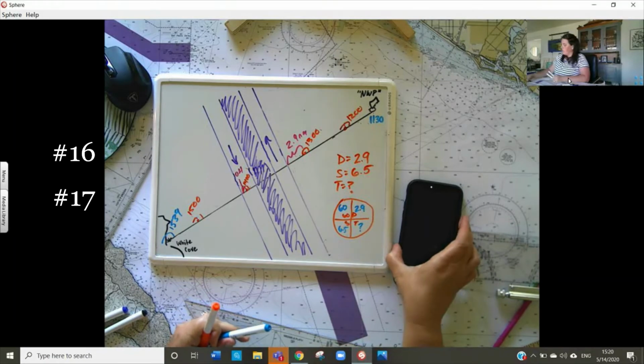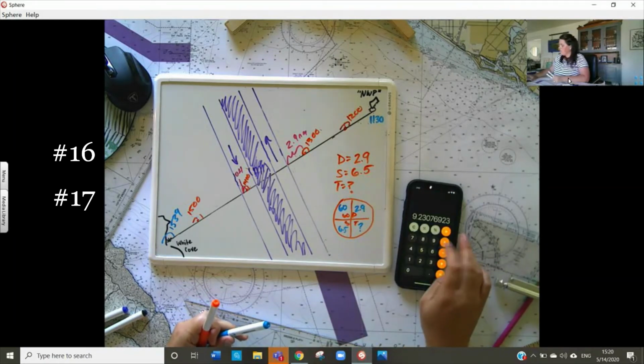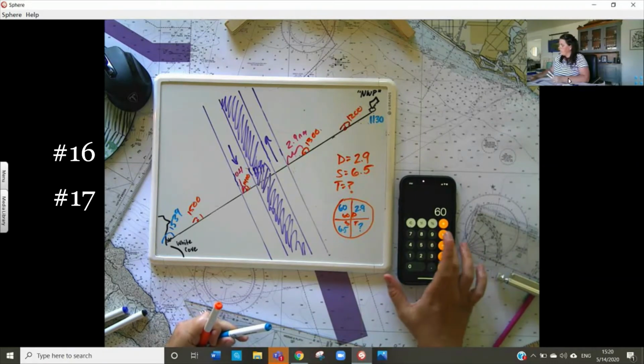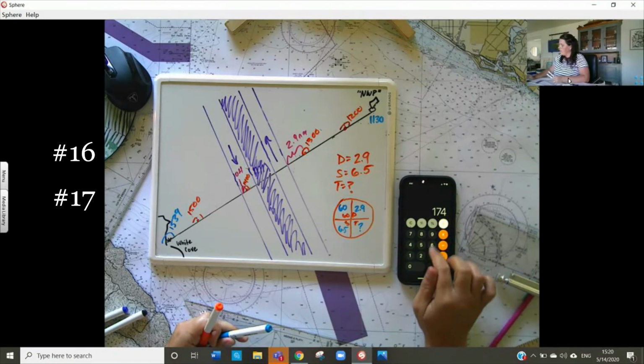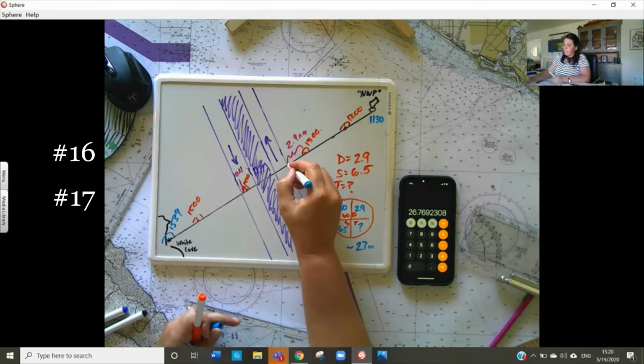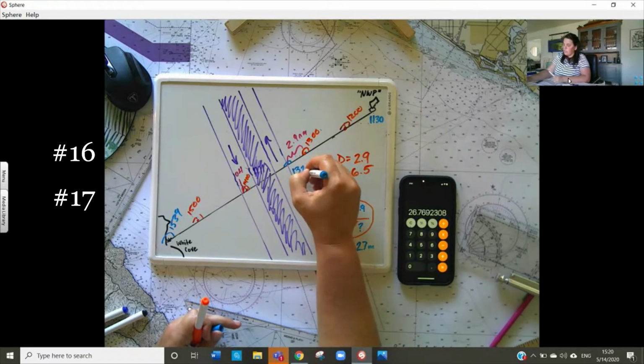So we can go to the calculator and do 60 times 2.9 divided by 6.5, and that gives us approximately 27 minutes. So our ETA to entering would be 13:27.